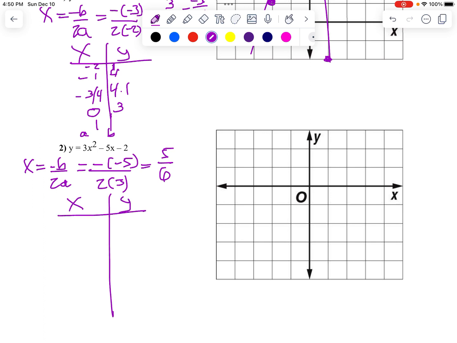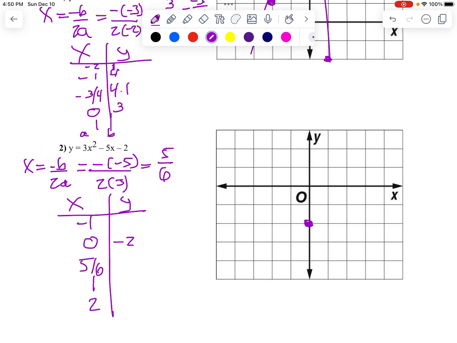So here I have 5/6. To the left of 5/6 on the number line is going to be 0 and negative 1. I can see my y-intercept is at negative 2. So go down here, 1, 2.